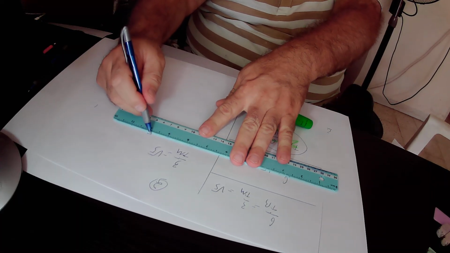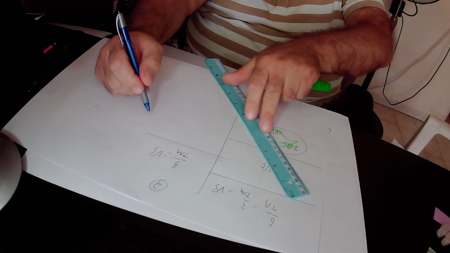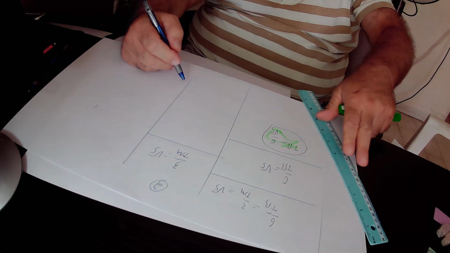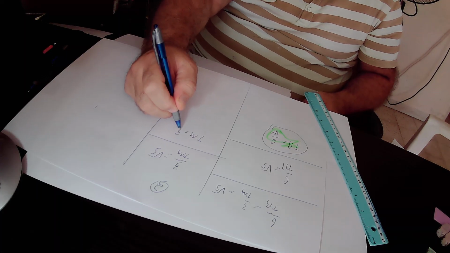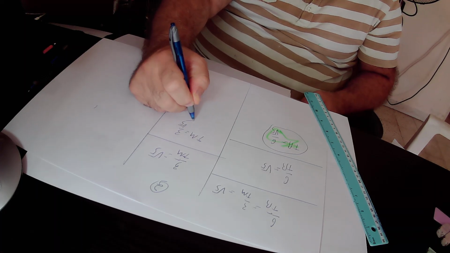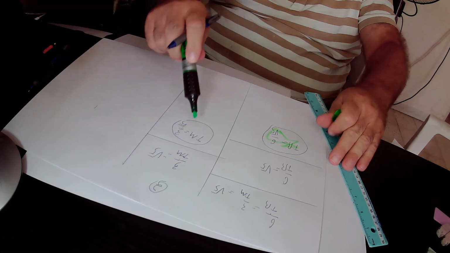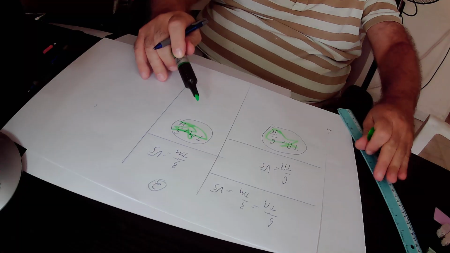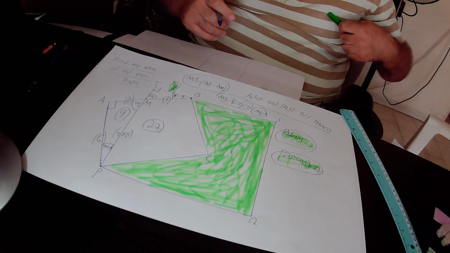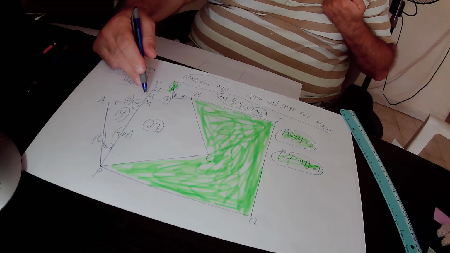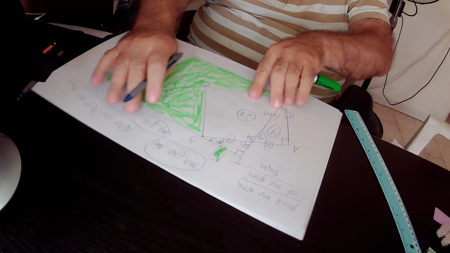Here we will multiply this equation by TM, and then we will divide it by square root of 5, and we get that TM equals 3 over square root of 5 units in its length. This is side TM, which equals 3 over square root of 5 units in its length.